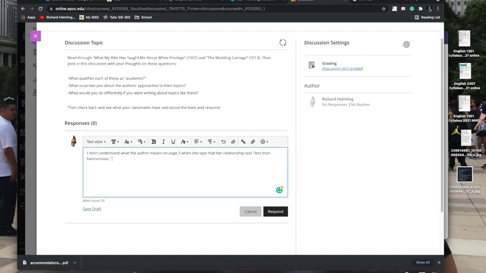But I think we can get even stronger here. I think we can make this more academic. So let's see, how can we flesh this out? Is this meant to be an ironic way of describing her mother?